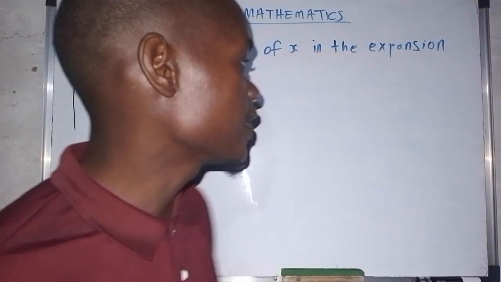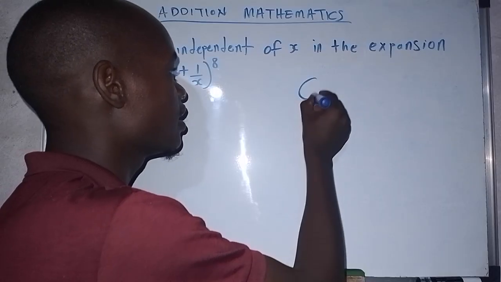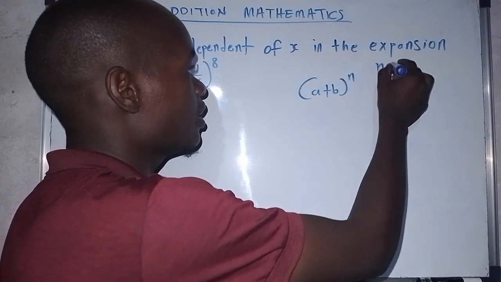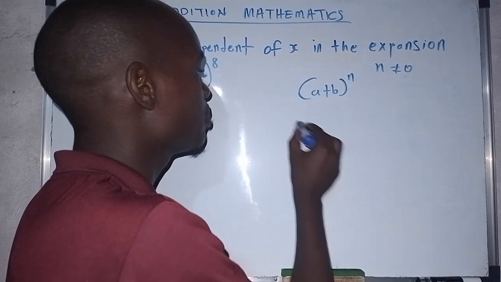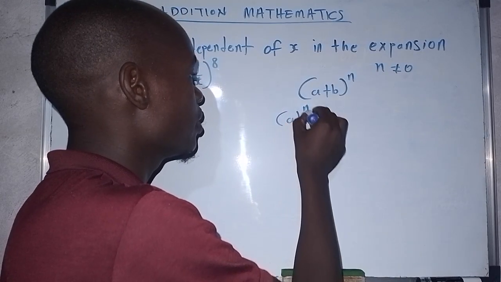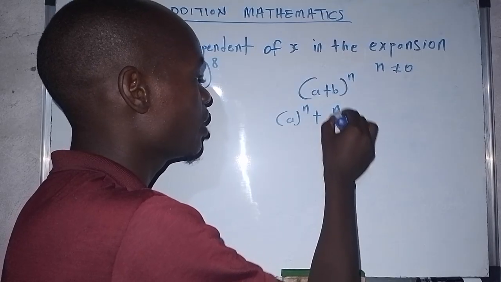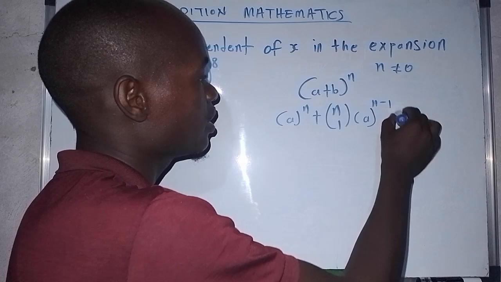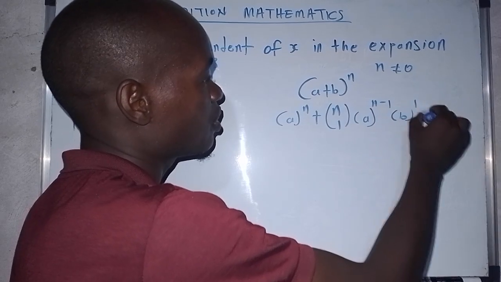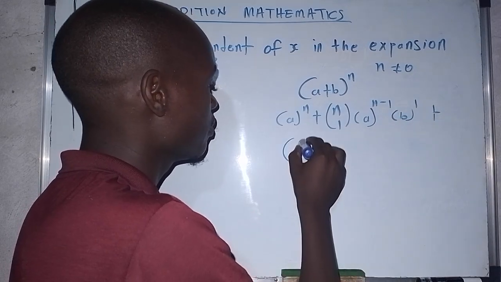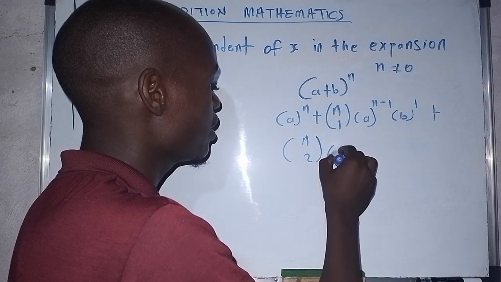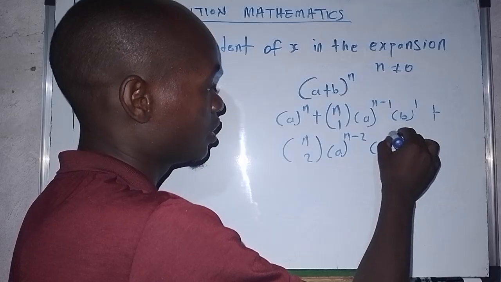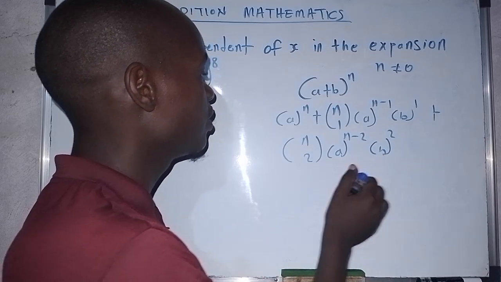So for the sake of interest, the binomial theorem states that if you have (a + b)^n, where n is not equal to 0, then your expansion will be a^n, plus nC1 a^(n-1) b, plus nC2 a^(n-2) b^2.